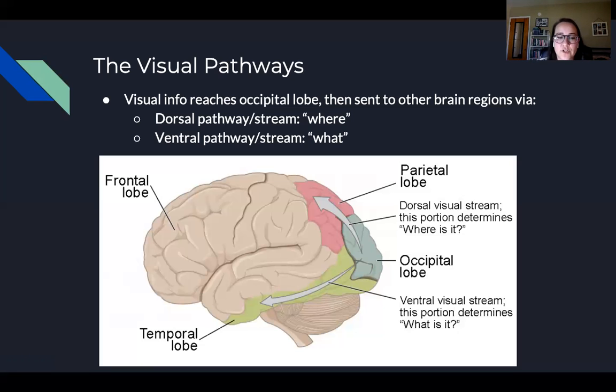The ventral stream also allows me to distinguish it from the other objects on my desk. So if I was thirsty, I would know that I should grab the water bottle rather than the cup of coffee that's next to it. Well, I guess if I was thirsty, I would drink the coffee too, but really trying to stay hydrated these days. So in this example, I would be able to differentiate and recognize, oh, this is a water bottle. This is the one that I want.